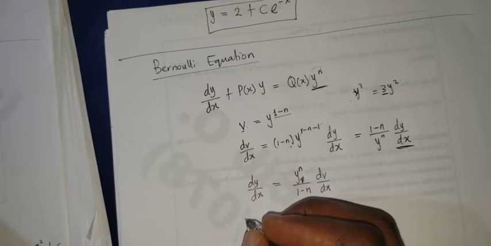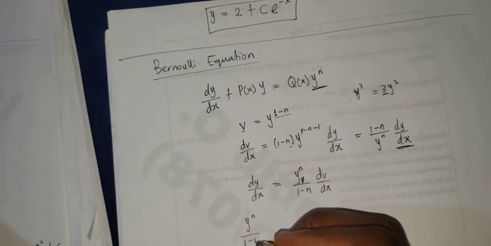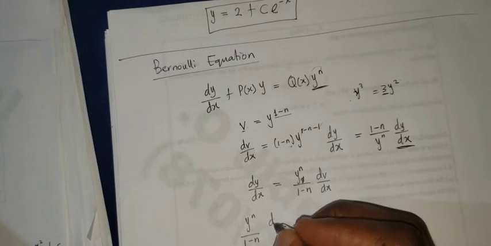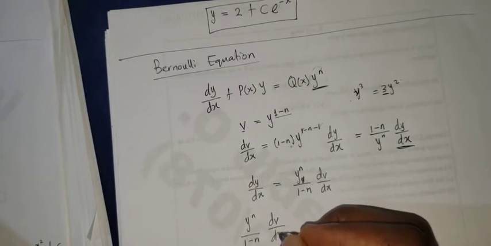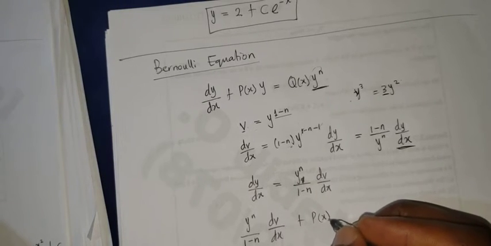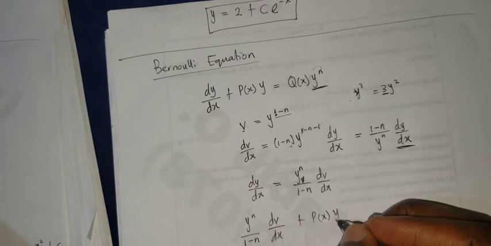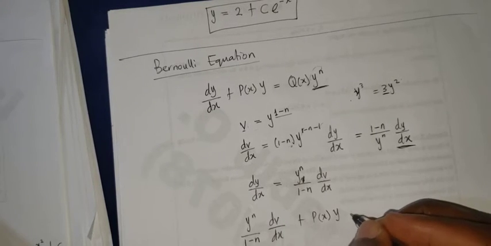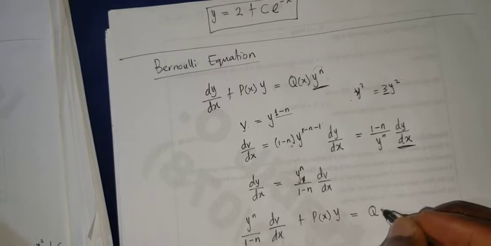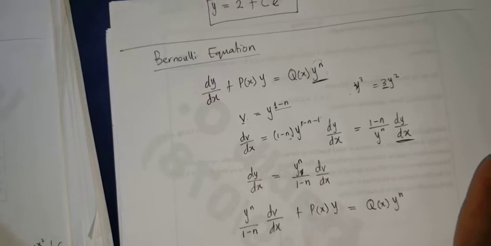Then we're going to have y raised to the power n over 1 minus n, multiplied by dv/dx, plus p of x multiplied by y, equal to q of x multiplied by y to the power n. So that one is still there.